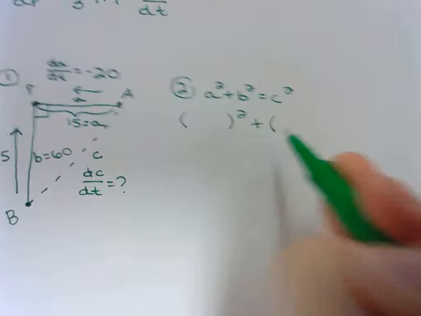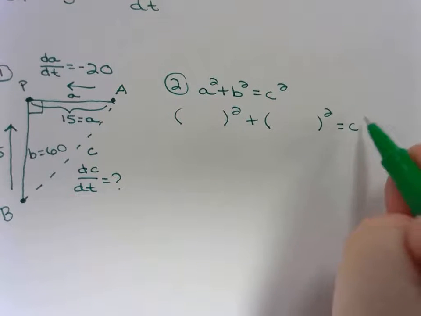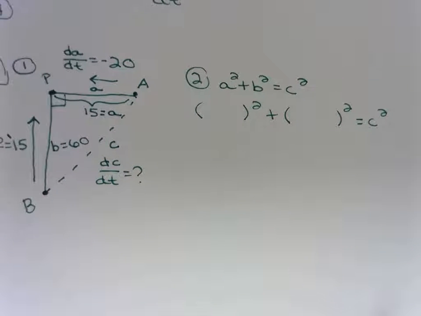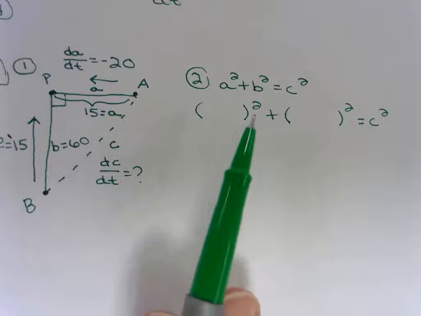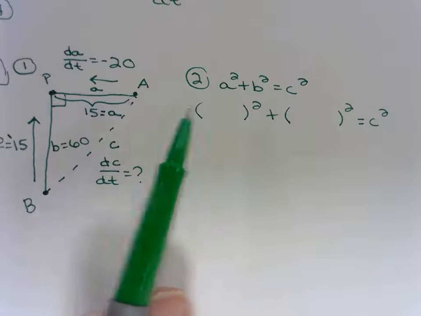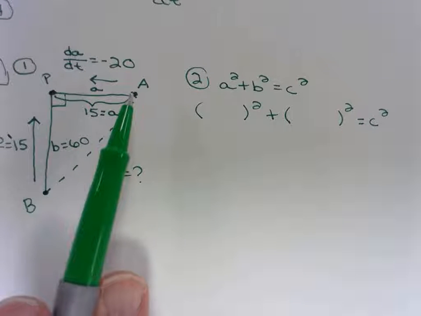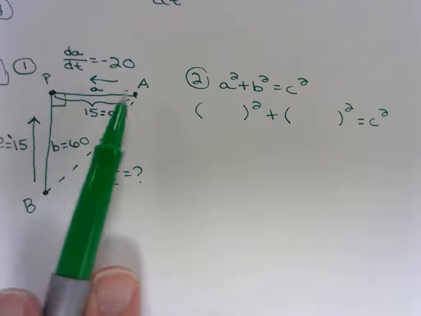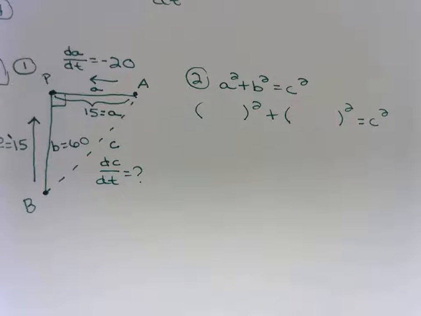A and B. A is the distance between P and A. It's not a constant. So if I think about this, what distance do I start with? If I look at A, I'm going towards P, so it is decreasing, but A is the distance. So what distance do I start with?